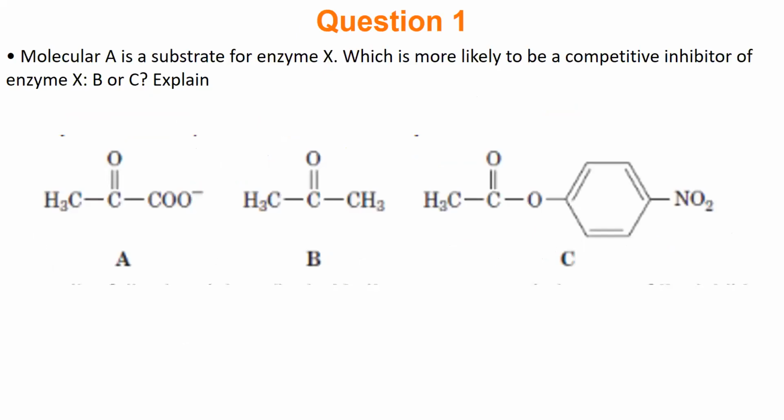So just so we understand the concept of what a competitive inhibitor would look like, if molecule A is our substrate, which one is more likely to be a competitive inhibitor, B or C? I'll give you like 10 seconds to think about that in your head.